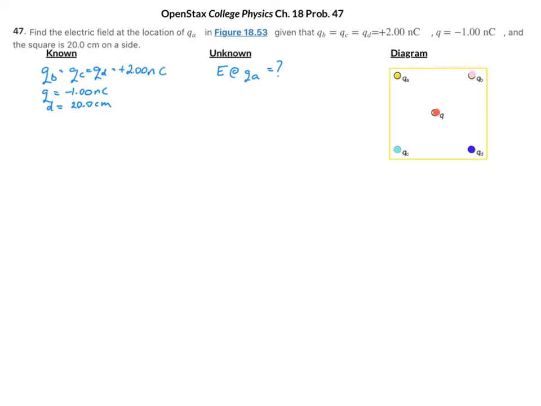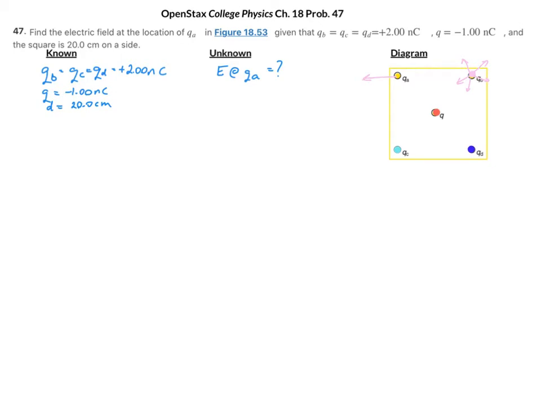So we'll start with charge QB, and I know that the electric field comes out of positive charges, so this would be the electric field of QB, but at the location of A, that means that the electric field will be away from QB, so to the left in the drawing.